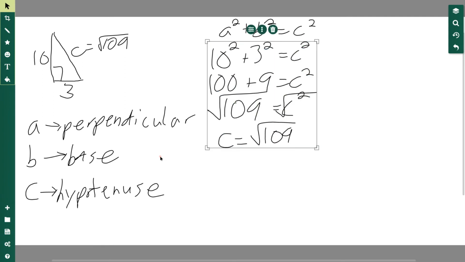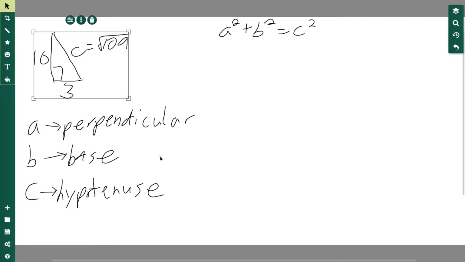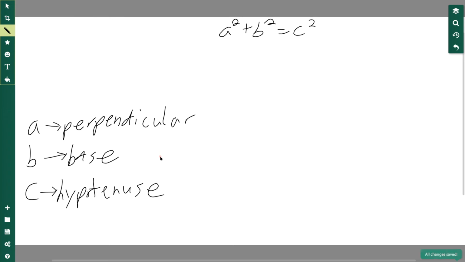So now, let's try and find a missing side length of a different side of the triangle. So let's say we already have our side length for c, and let's say we have our perpendicular, which would be 24 in this case.